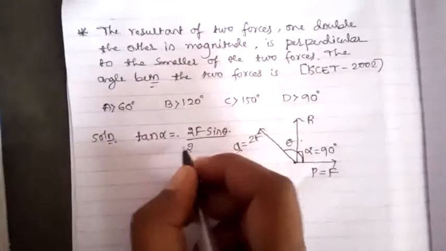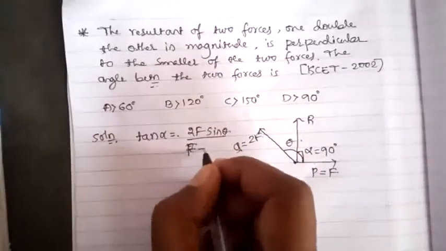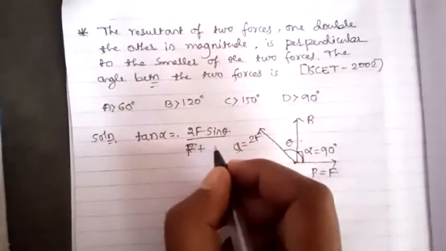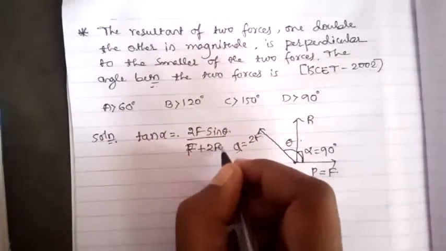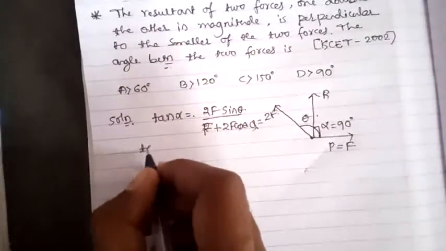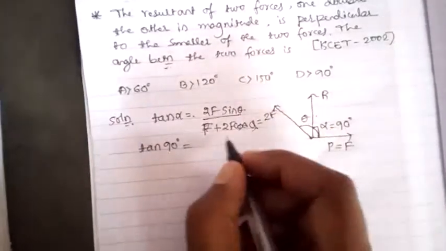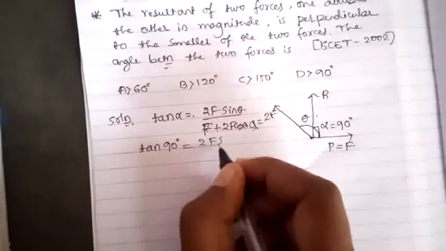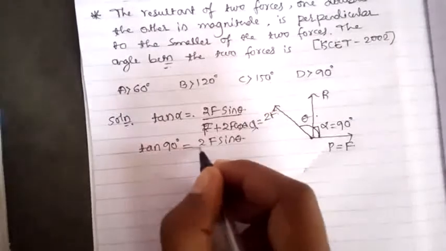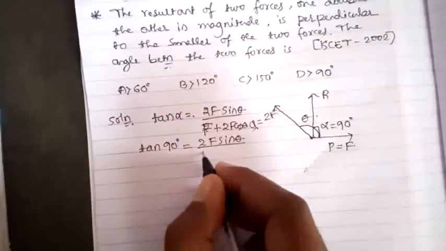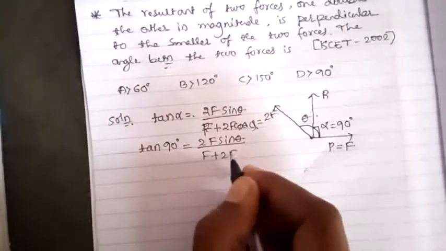P is nothing but F, plus 2F cos theta. Then tan alpha is tan 90 degrees here, so 2F sin theta divided by F plus 2F cos theta.